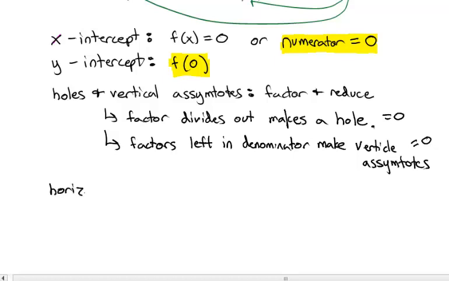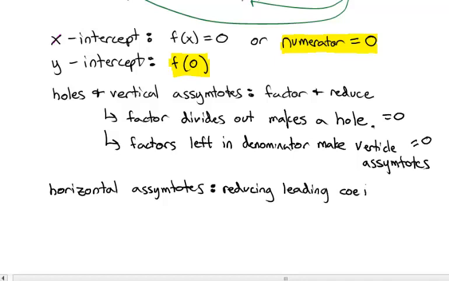Now for horizontal asymptotes, what we're going to be interested in doing is finding and reducing the leading coefficients.